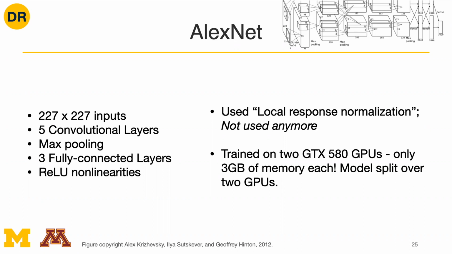In essence, it has 227 cross 227 inputs. It has 5 convolution layers, max pooling between the convolution layers, and 3 fully connected layers, and ReLU as the nonlinearity function. That's the overall gist of what AlexNet has.